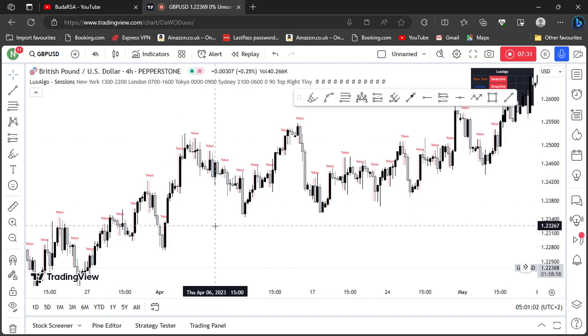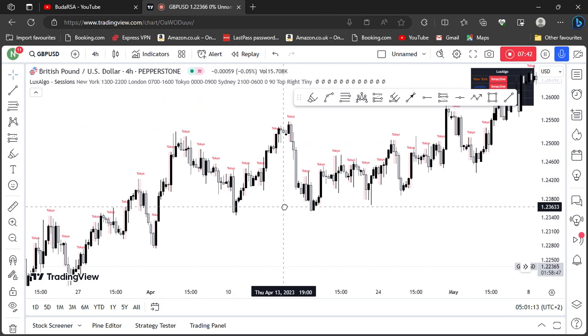What I do on the chart is, what I always trade, I check for Asian lows and highs, the lows that were created during the Asian session that were not mitigated.